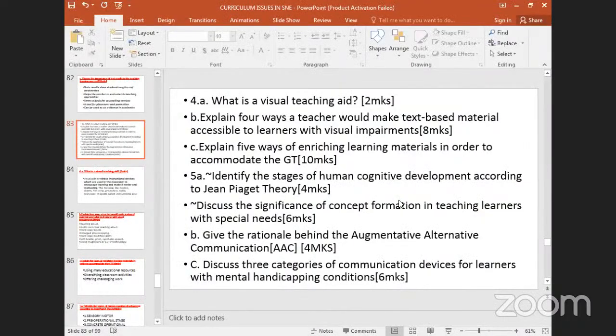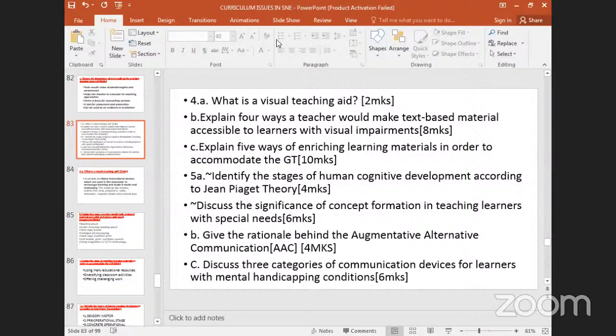Okay, let's look at the next question. Give the rationale behind the augmentative alternative communication.